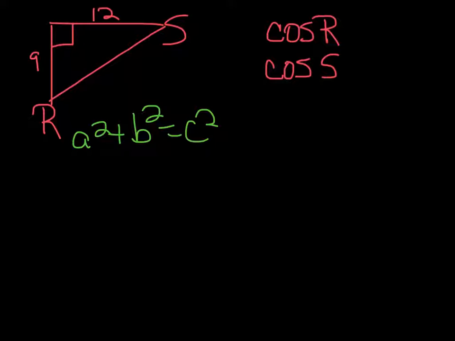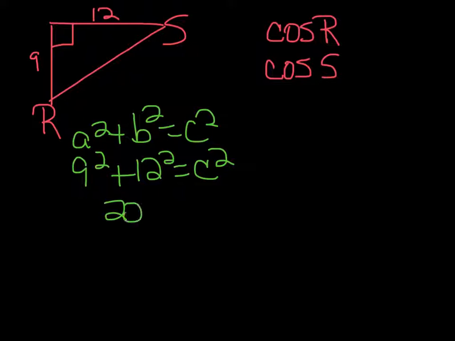So we'll put 9 squared plus 12 squared, and that's going to equal c squared. 9 squared is 81 plus 12 squared is 144, so that gives you 225 equals c squared. When we take the square root of that, we get that c equals 15. So we know that the hypotenuse, RS, right here is 15.